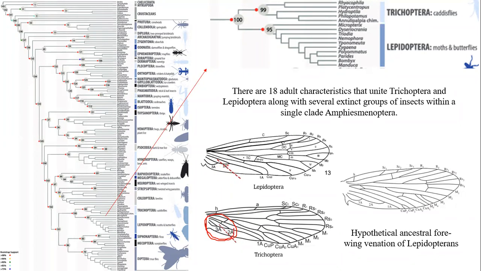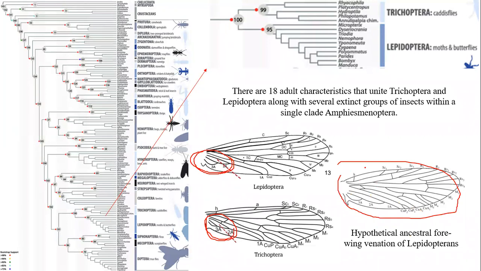And this character is also found in some primitive Lepidopteran groups as well, like you are seeing here in the wing venation of a primitive group of moths, which is also showing this double Y formation. Based on these similarities, scientists have made this analysis and have made these illustrations of the hypothetical ancestral forewing venation of Lepidopterans, which is this image.